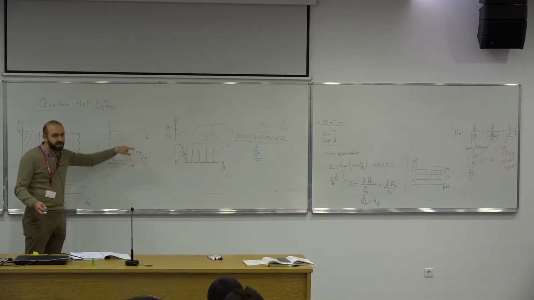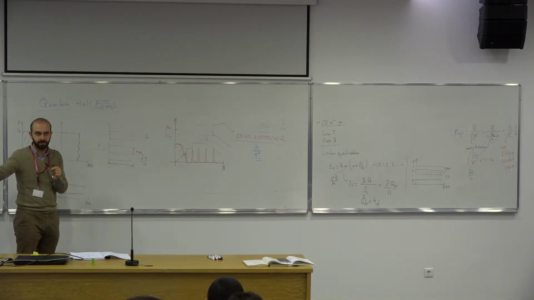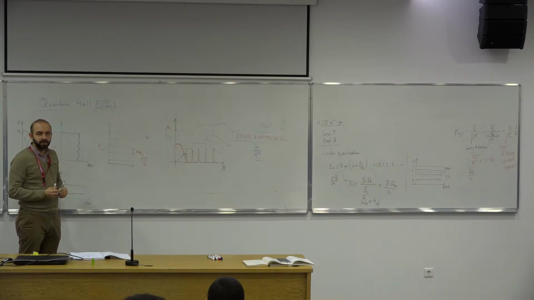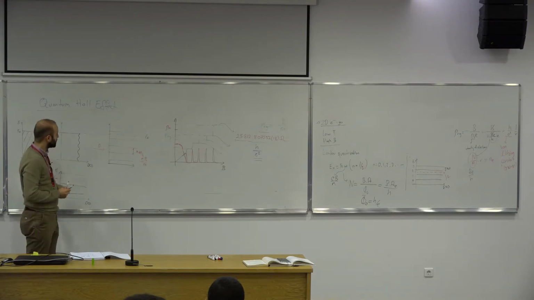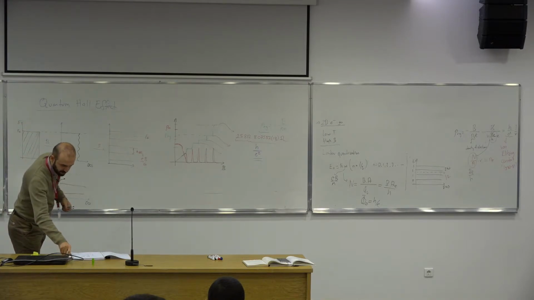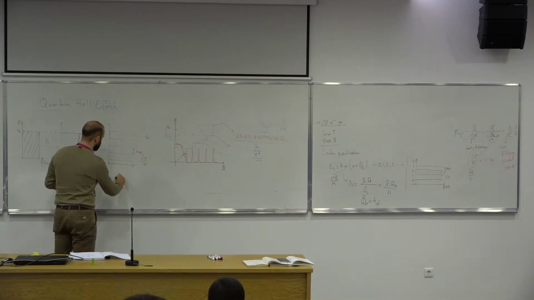There are no available states for electrons to scatter, if you like, another way to look at it. All the electrons are involved in doing these circular orbits. So there are two things that I started discussing last time. One of them is the edge states. The other is the disorder.